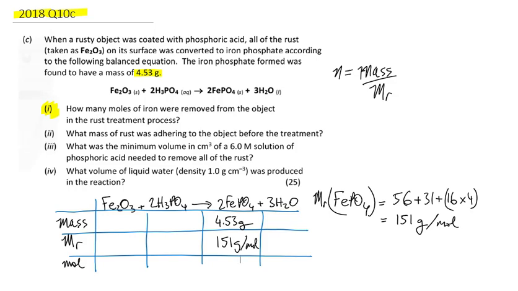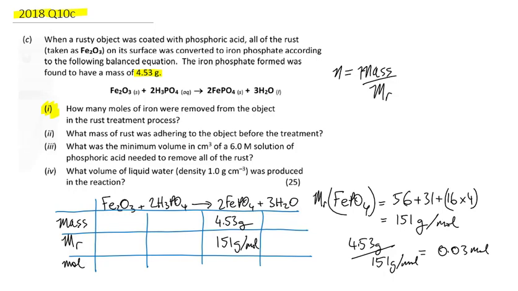Now that we've got the mass and the relative molecular mass, we can calculate the number of moles. So we've got 4.53 grams divided by 151 grams per mole, the relative molecular mass, and put that into a calculator, and we find that equals 0.03 moles.